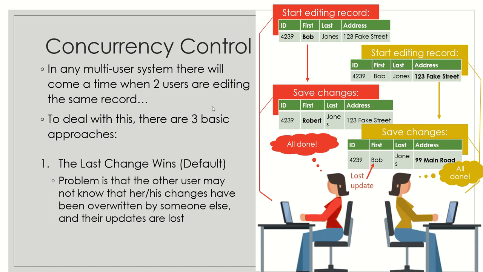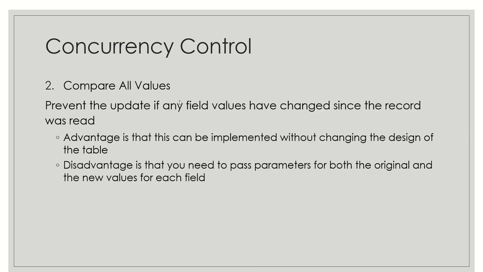And it would flag and recognize that change. So the advantage is you can implement this without changing the design of the table. The implementation would happen during however you implemented your update command.